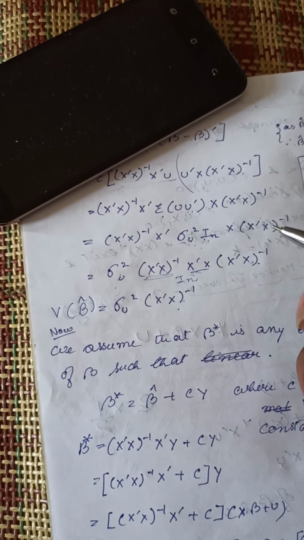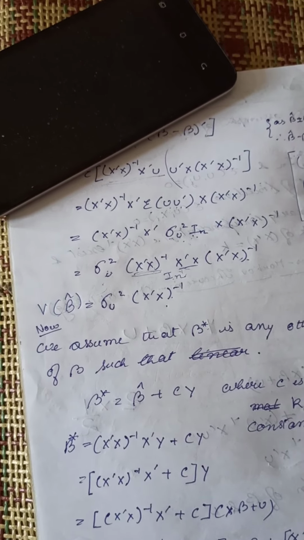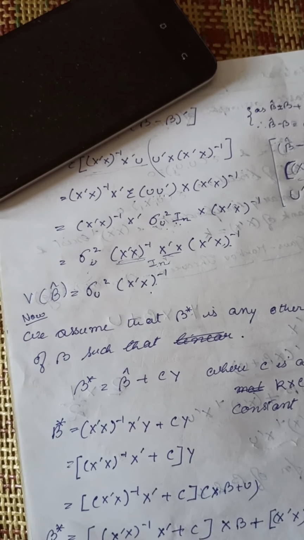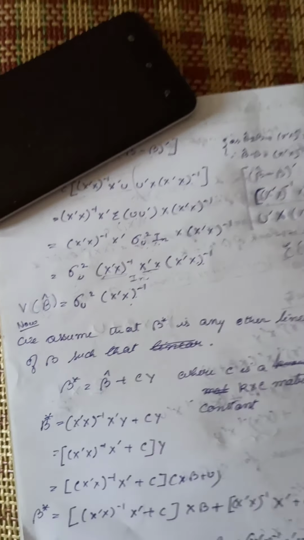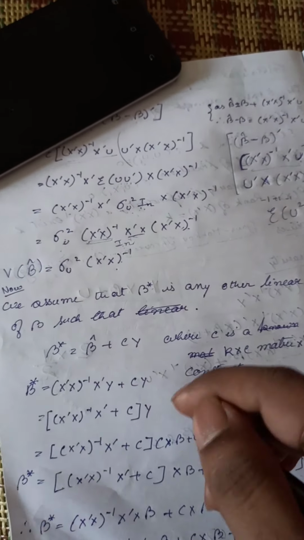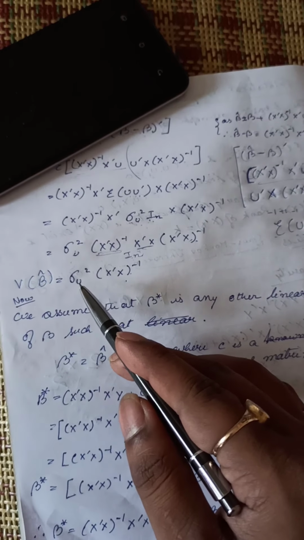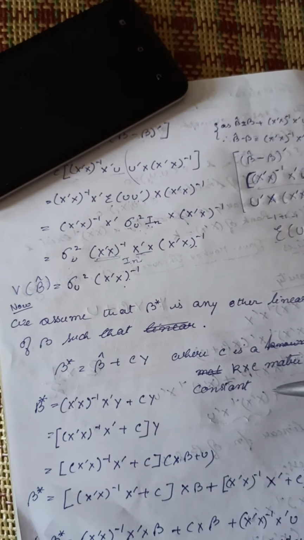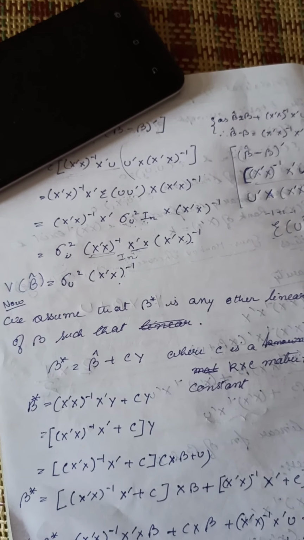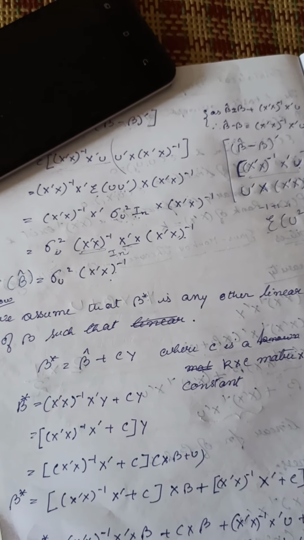Now we will compare it with another estimator which is also assumed to be linear and unbiased. However, after comparison we will see that the variance of beta cap is smaller than the variance of the other estimator that we will consider now.